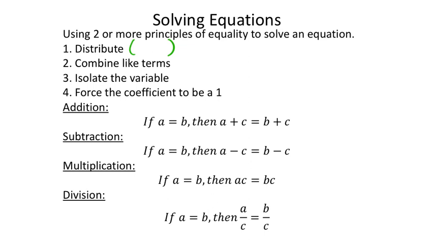Step 2, again, there was none of this on the bell work either, but sometimes it is skipped as well. We're just looking for like terms to combine on either side of the equal sign. We can't cross over the equal sign yet. That's what step 3 is going to be, but step 2 here, combine any like terms, x terms with x terms, constants with constants, no matter how many there are, you combine them.